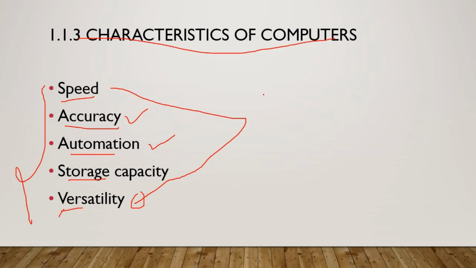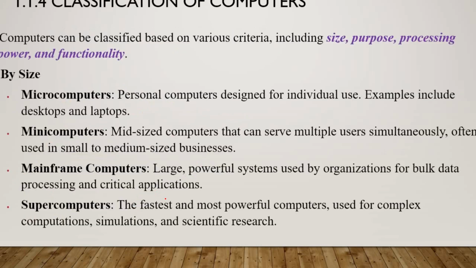Storage capacity: computers give an amazing storage capacity, accommodating billions of terabytes, which even evolves into today's concept of big data analytics. And versatility: computers are known for their versatile nature compared to humans, which is an unimaginable characteristic.